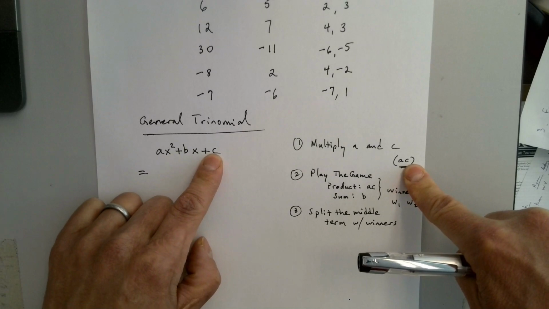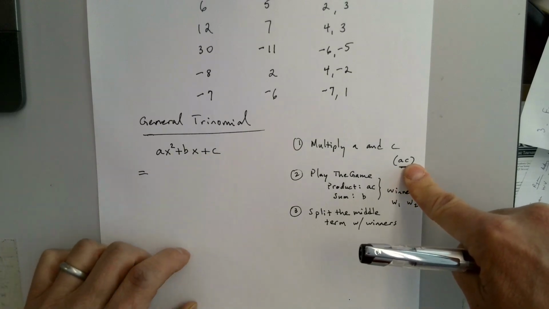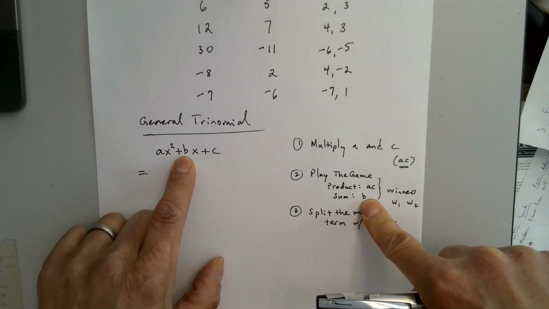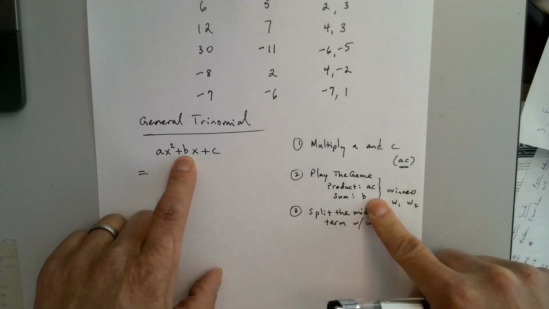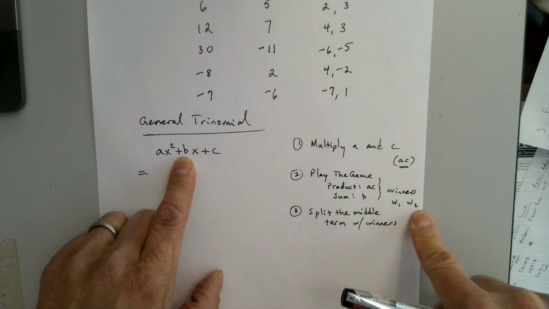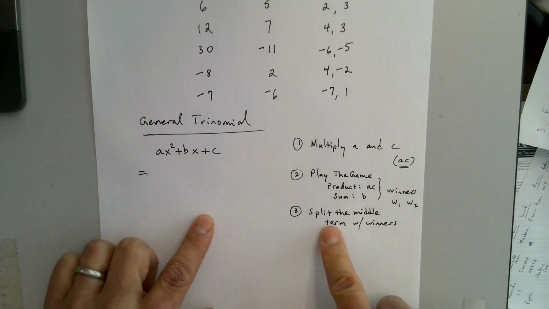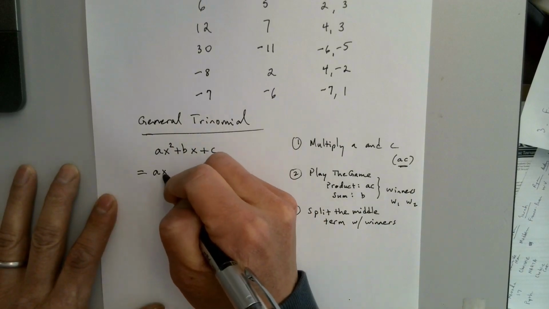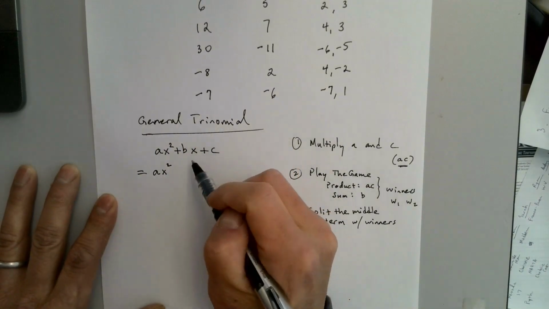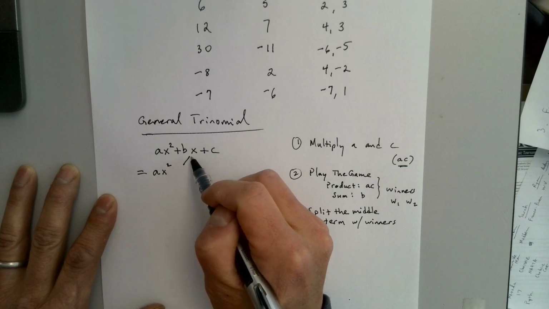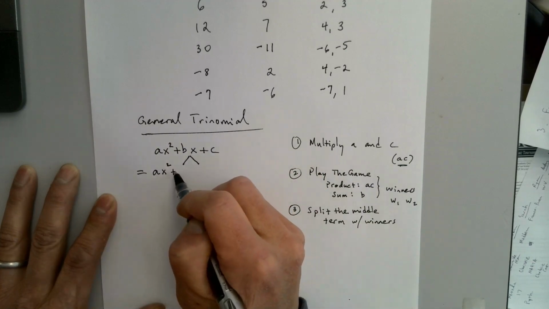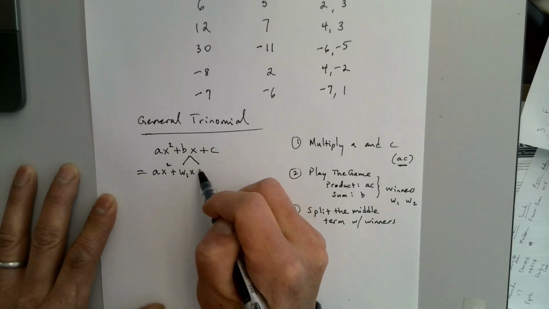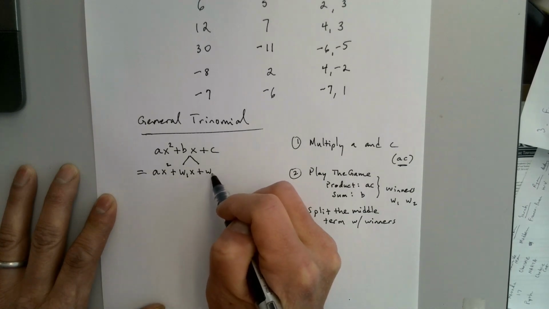I multiply A and C, I get some number. I look at B, and then I play my game. I get the winners, W1 and W2. And then I split the middle term with the winners. So what I do is, I write Bx as W1x plus W2x.